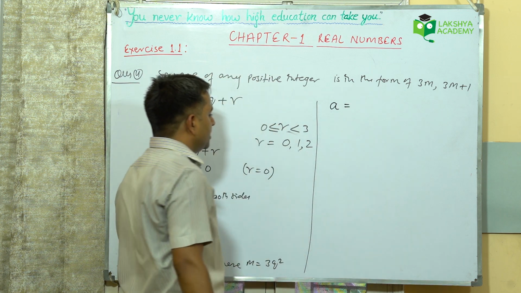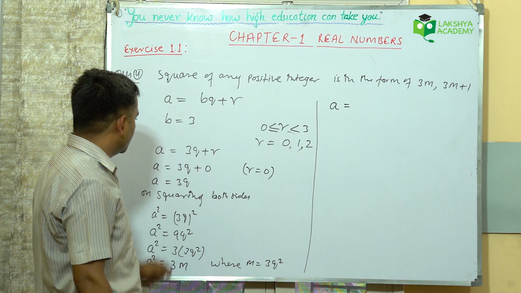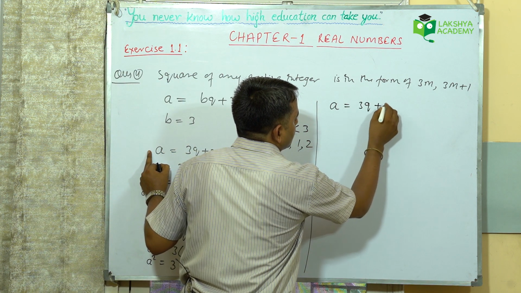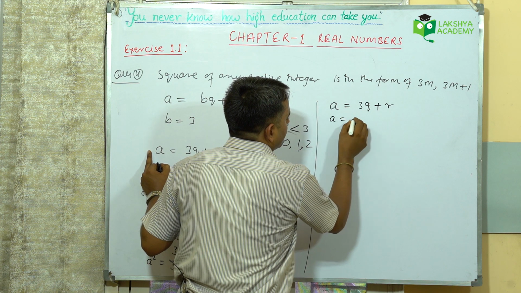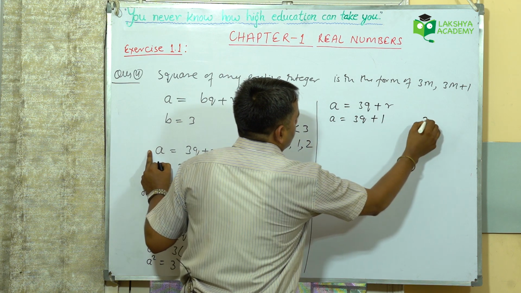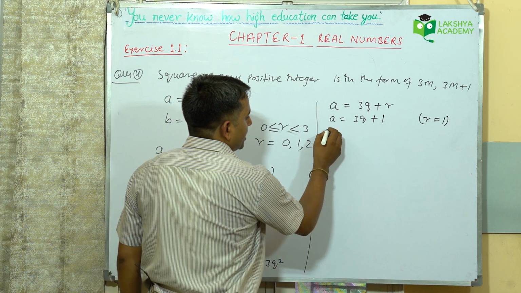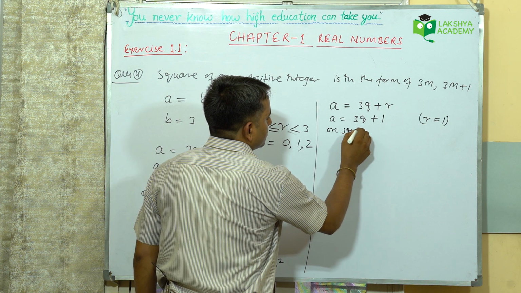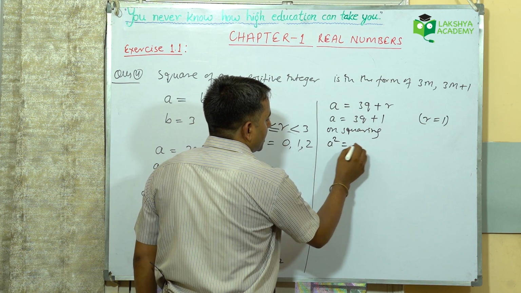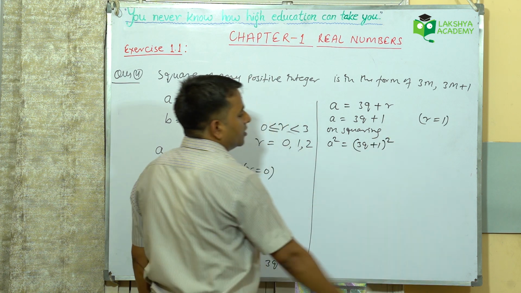Now taking it again for the other remainders, R equals 1 and R equals 2. Taking the same expression, A equals 3Q plus R, rewriting it, A equals 3Q plus 1, where R is equal to 1. On squaring both sides, A square equals 3Q plus 1 whole square.